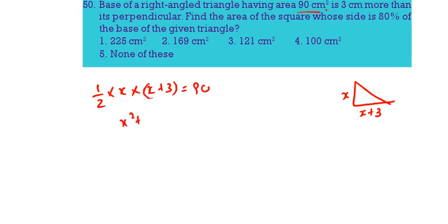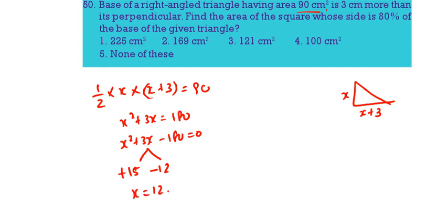Now, x square plus 3x is equal to 180. x square plus 3x minus 180 is equal to 0. The difference should be 3 and the product 180, so plus 15, minus 12. The answer is 12. That means x is 12, and x plus 3 is 15.